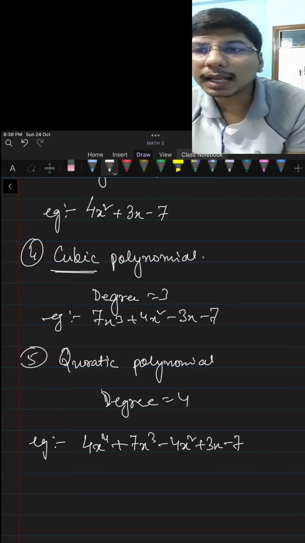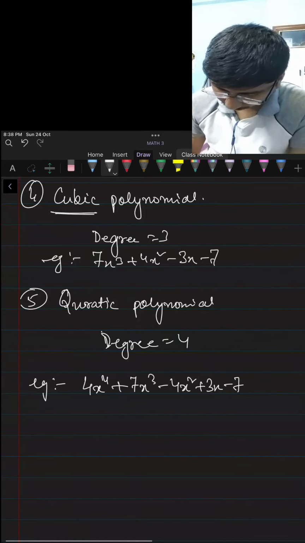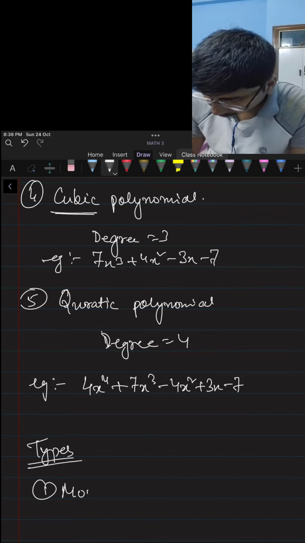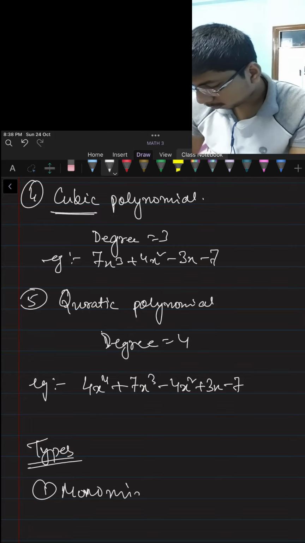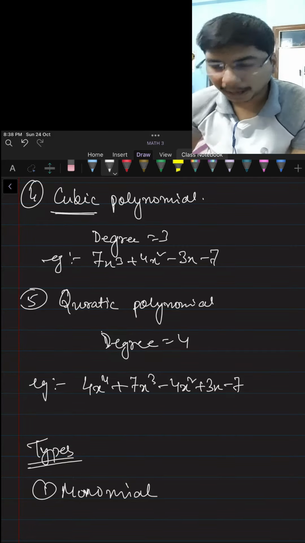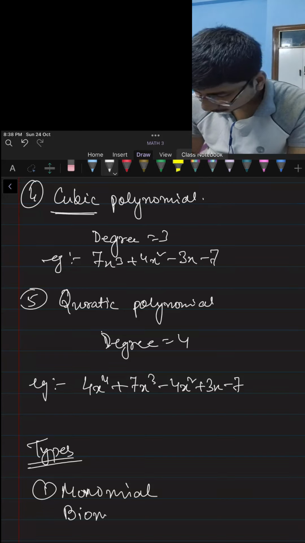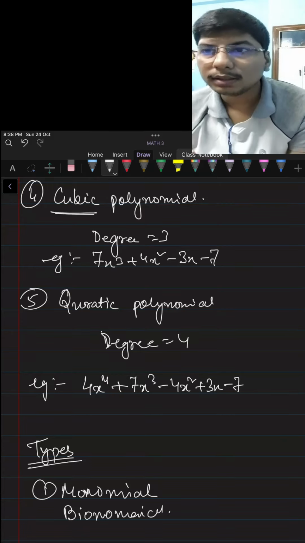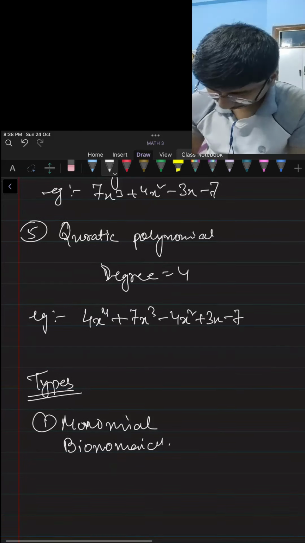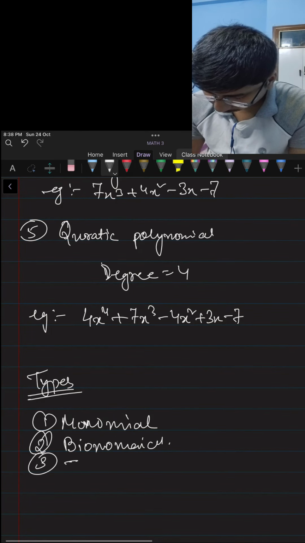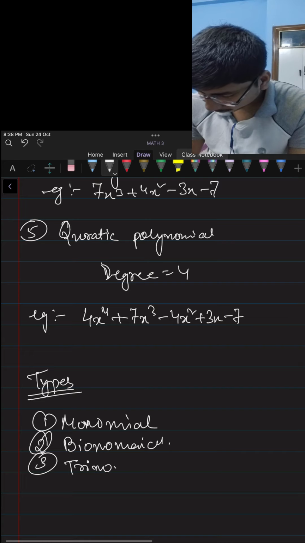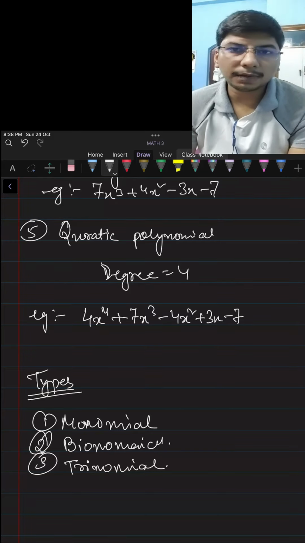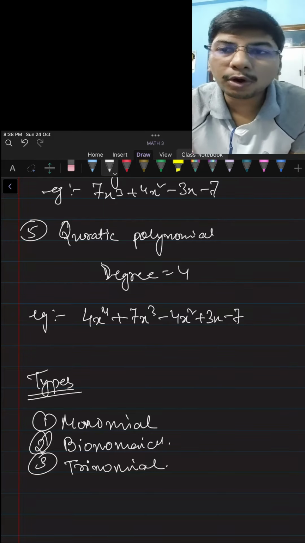There are some other types of polynomials, which are known as monomial, binomial and trinomial. What is a monomial?